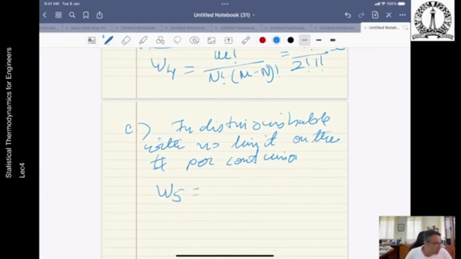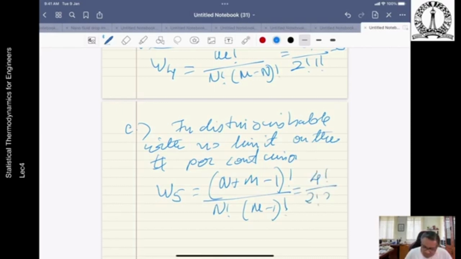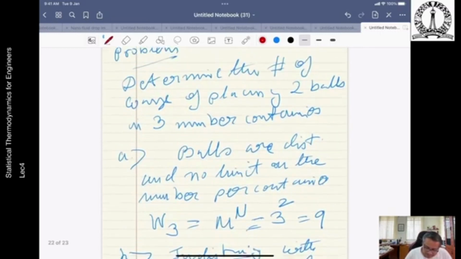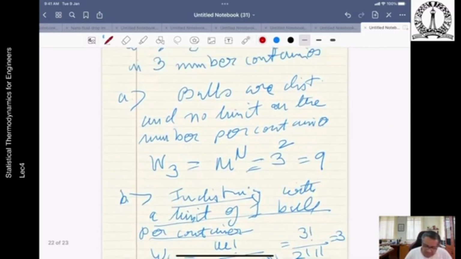W5 then becomes, if you recall, n plus m minus 1 factorial divided by n factorial m minus 1 factorial, just to take into account the overcounting. So 4 factorial divided by 2 factorial and 2 factorial. This becomes 6. So the answer becomes 6.